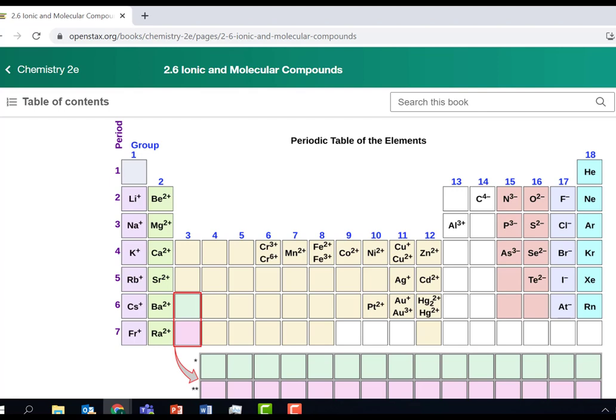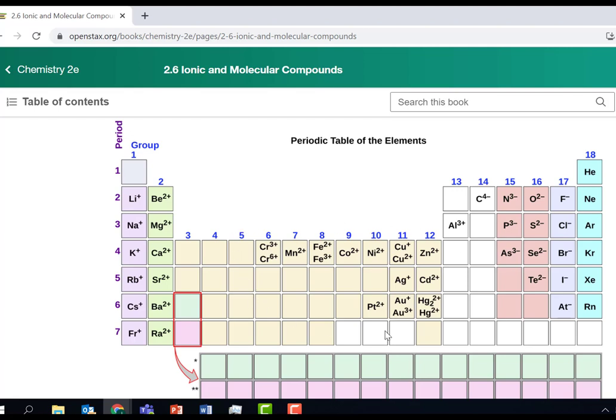We can look at this now and have a much better idea of what's going on. We know that the metals will tend to lose electrons to resemble a noble gas. If we lose 1, we'll resemble a noble gas. If we lose 2 here, we resemble a noble gas. And the nonmetals will gain electrons to resemble a noble gas. So we can now explain why these things were true that we were initially accepting when we first introduced them.